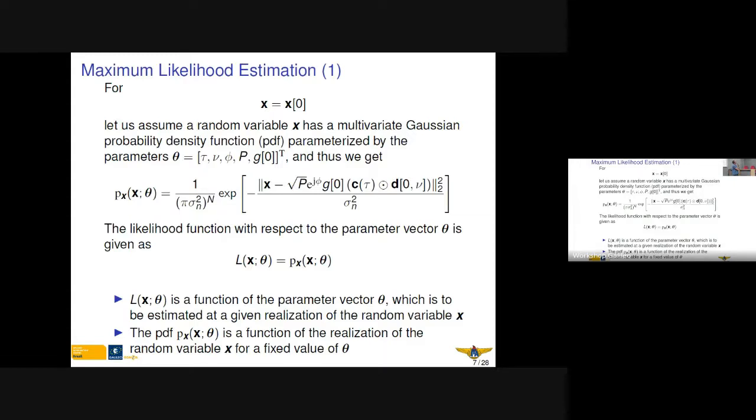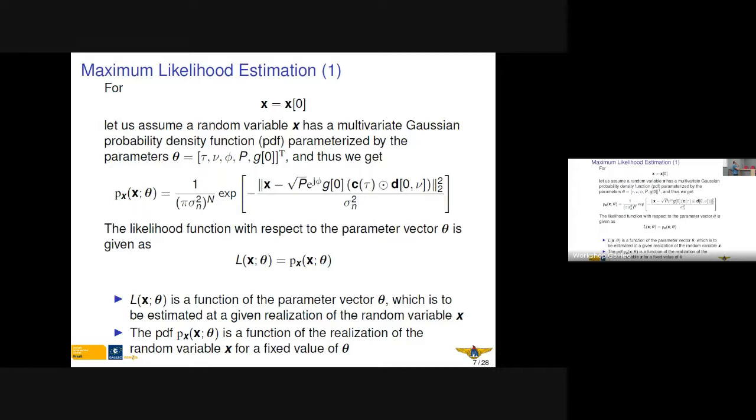So tau the time delay, nu the Doppler shift, phi the phase, p the power, and g of 0 the data. So these are all the things that are not known.